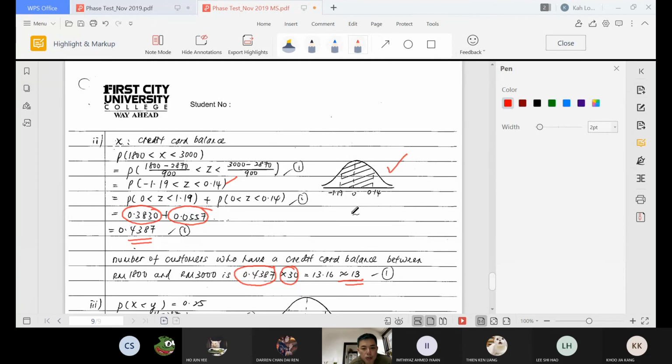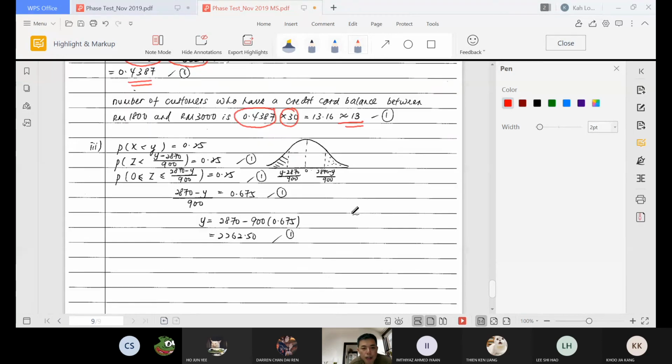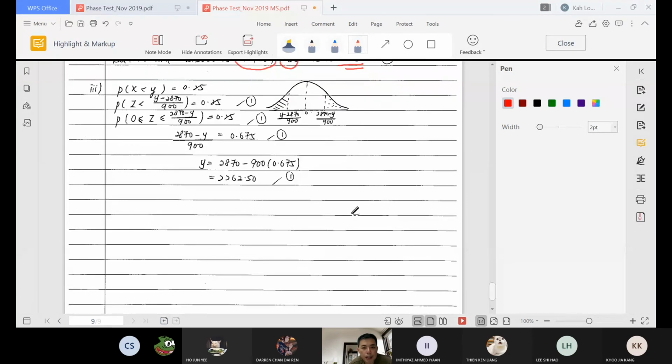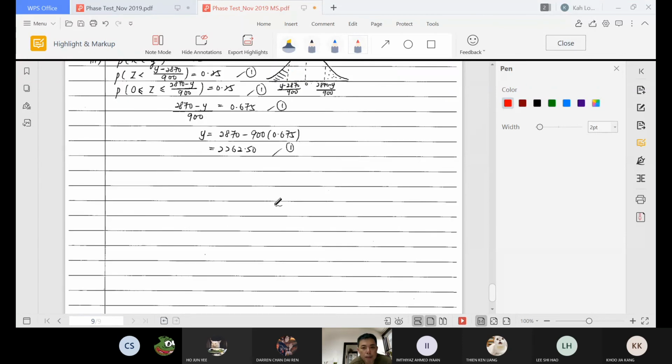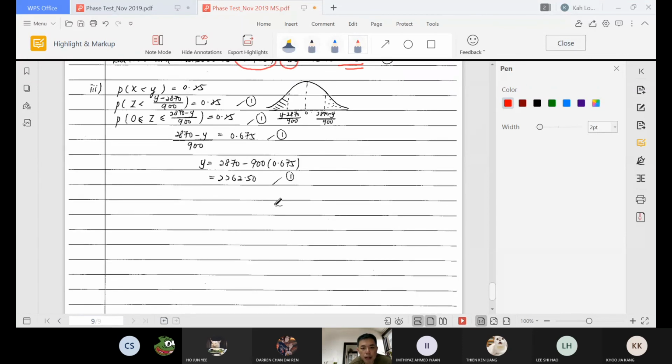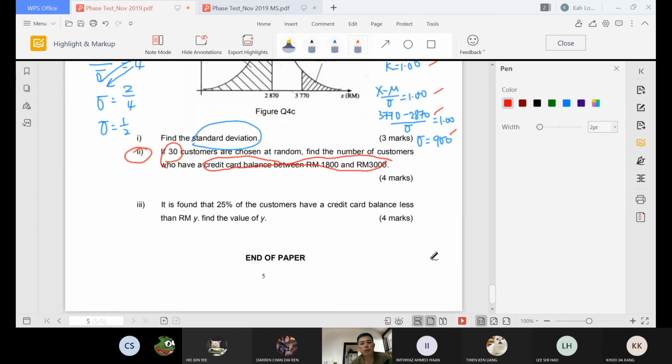Okay, now go to the last question. This is again reading the probability to the z-score. So maybe you can snap the answer first. Let me explain to you. Okay, now go back to our question.